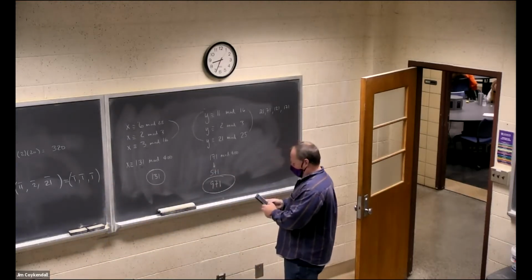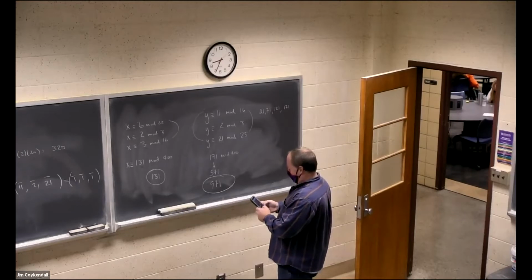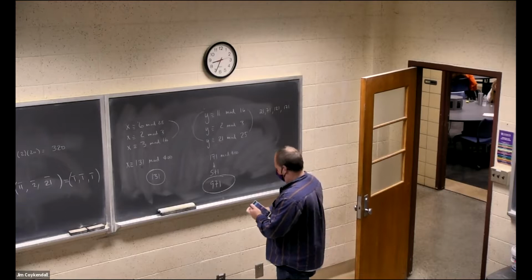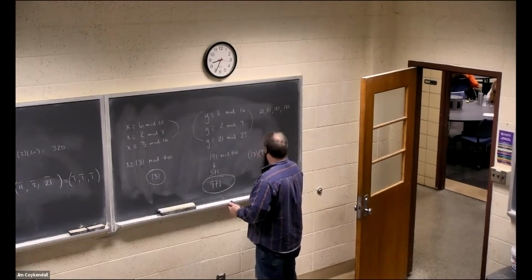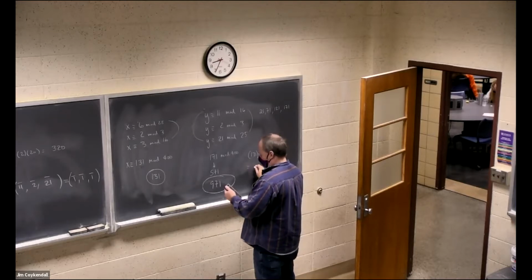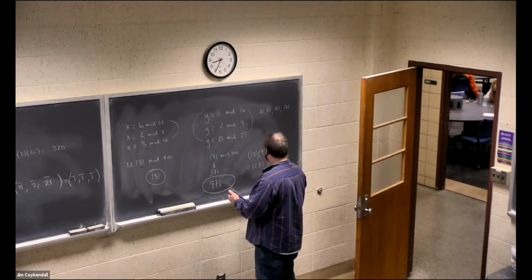So if I take 131 times 971, I get 127,201.